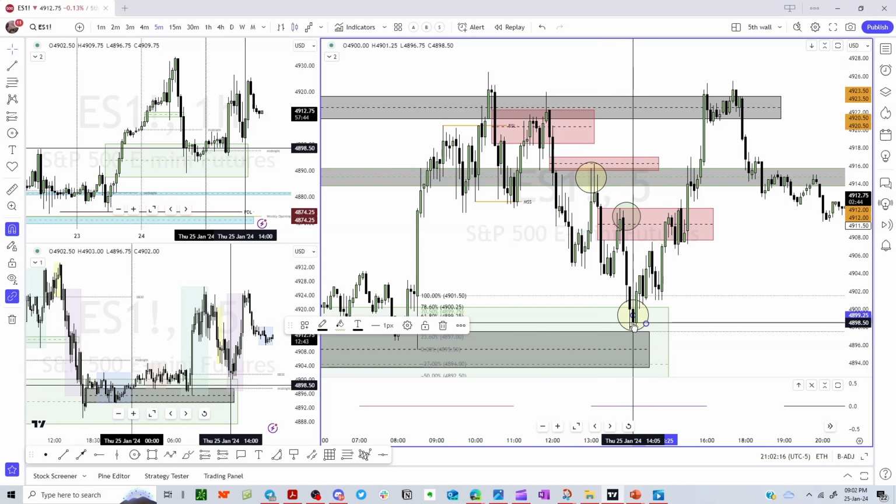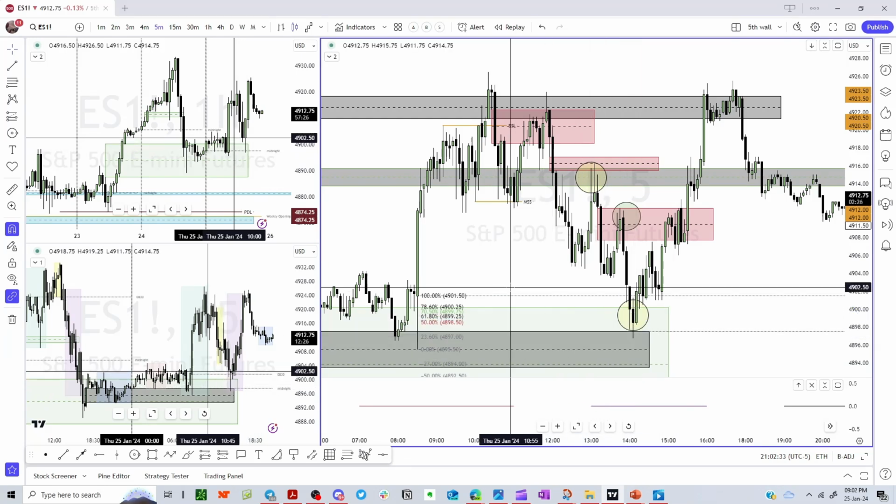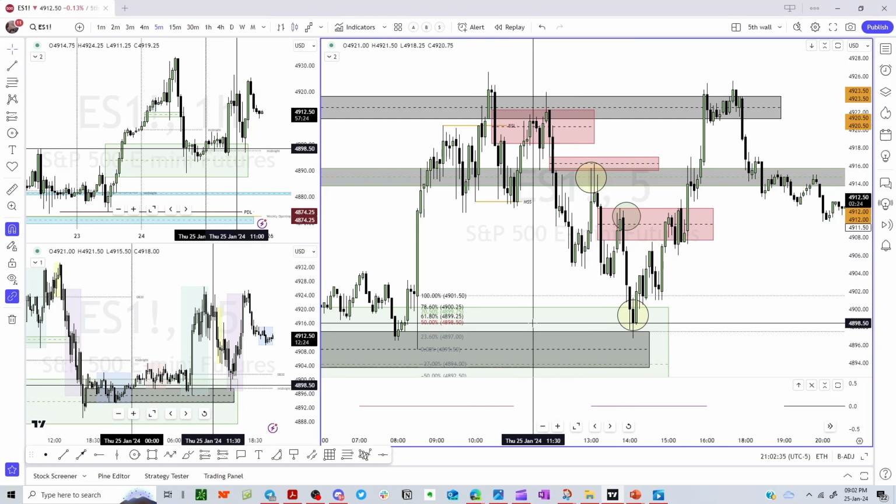So the close of this candle would be 49.0975. The open of this candle would be 49.0250. So 48.9550.